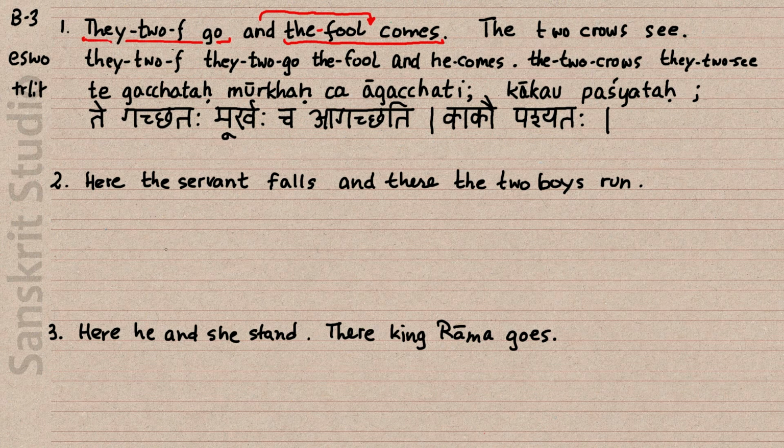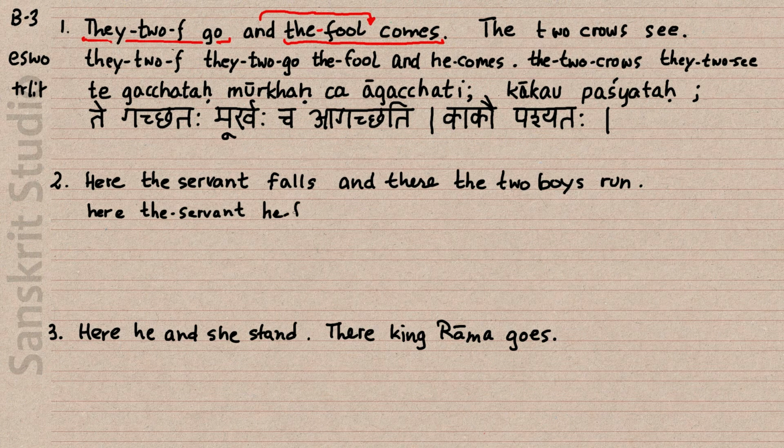Number 2, sentence number 2. Here the servant falls, and there the two boys run. Let's do the transliteration here. We're grouping with hyphens here the servant, and we are expanding the verb.